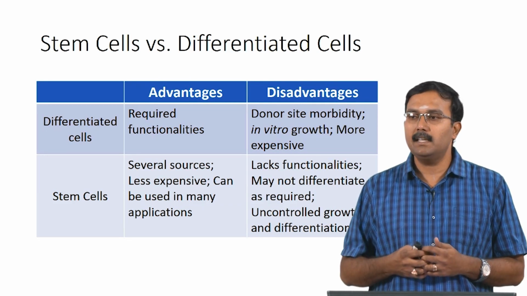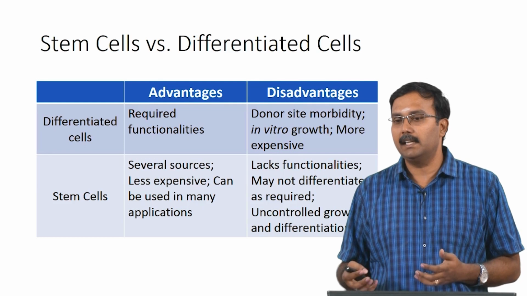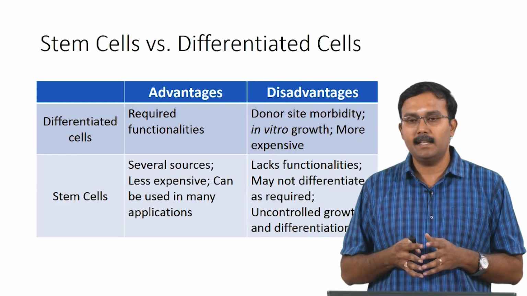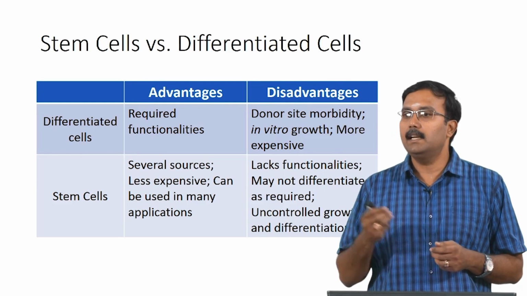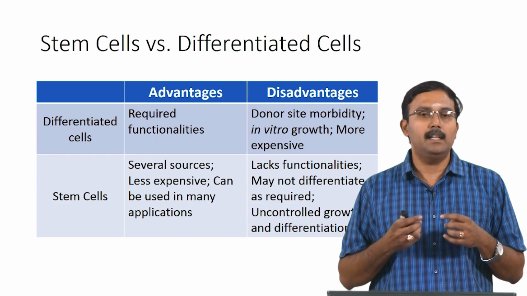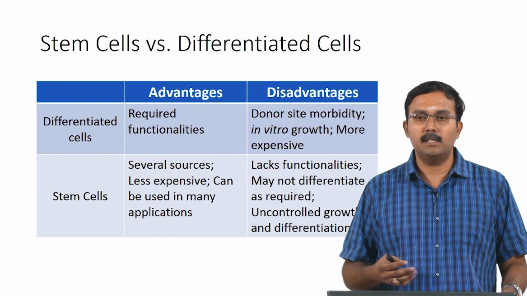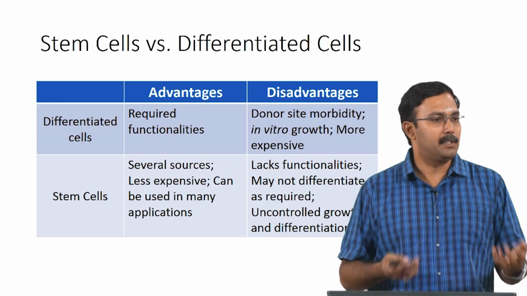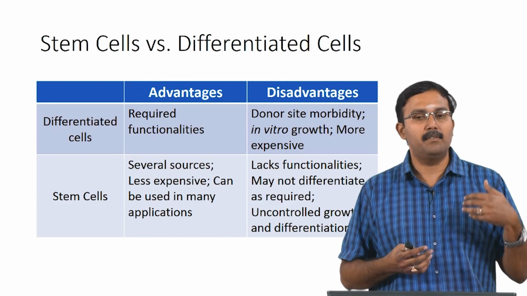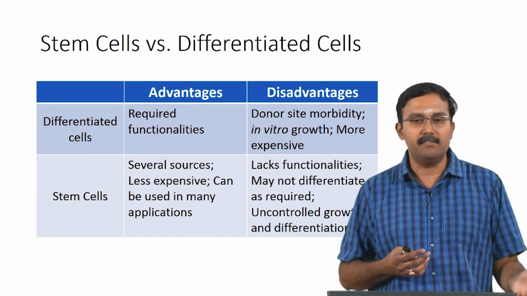However, the disadvantages, they do not have the functionality, which means you need to differentiate them properly to get the desired functionality, and they may not differentiate as required. There could always be an issue with differentiation, especially when you expect differentiation to happen in vivo.